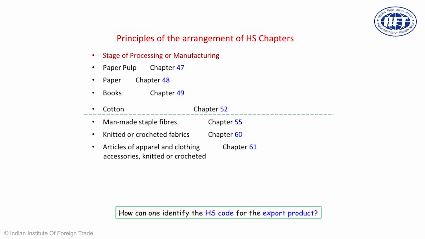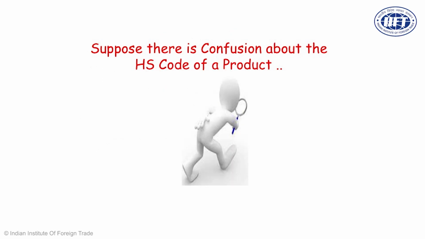So, anytime you are currently producing a product and are a little unsure about the exact HS code of that, you may try to identify the code by applying these principles in your mind. Now, suppose you are a little unsure about which principle might be important for your exact product.